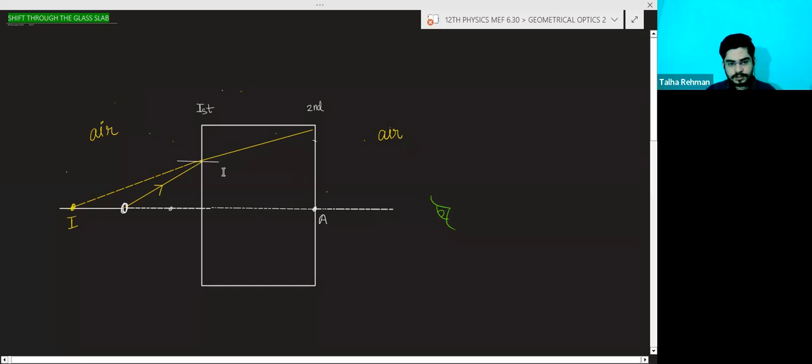If you are watching this object through the glass slab, then it will appear here.